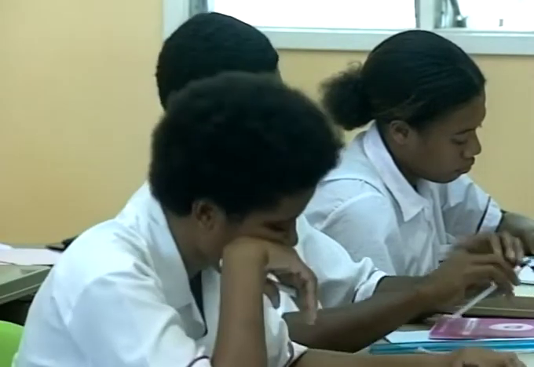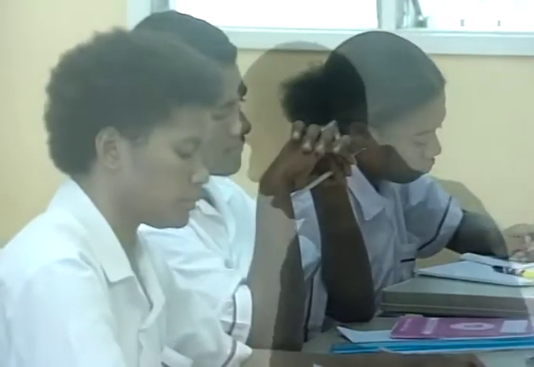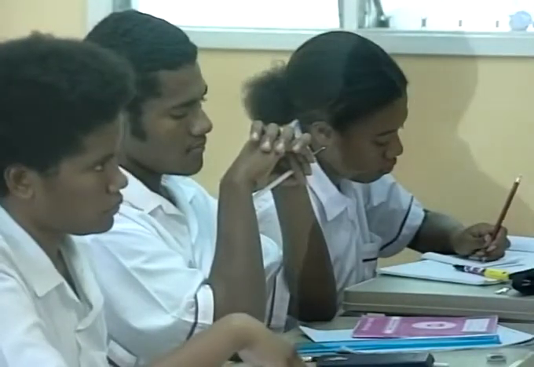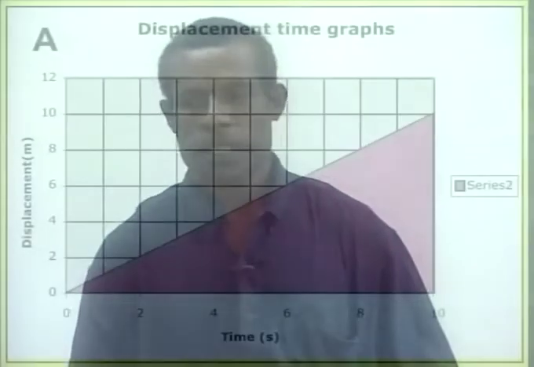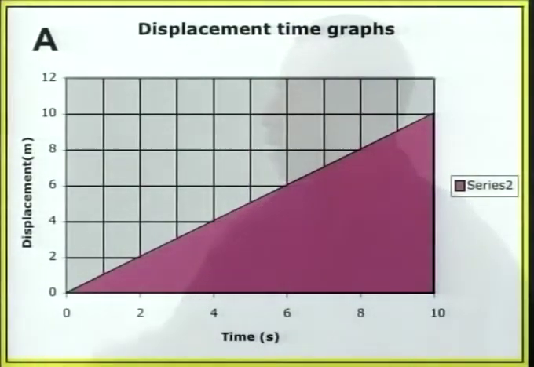So in this lesson, we will go through and have a look at each of the motion graphs. The first one is the displacement time graph. By looking at this graph, who can tell me, this is a displacement time graph, looking at the steepness of the graph, what does the slope of that graph tell you?